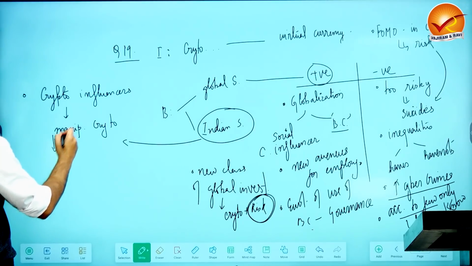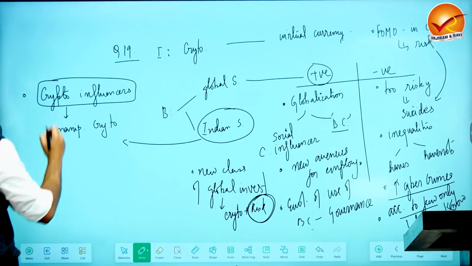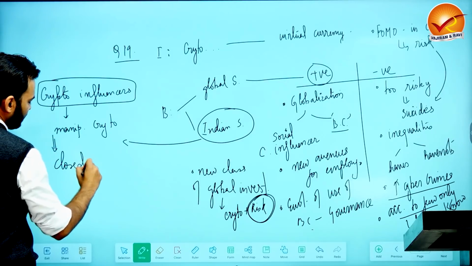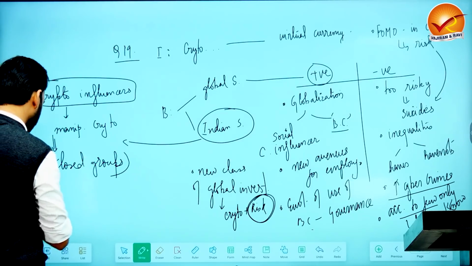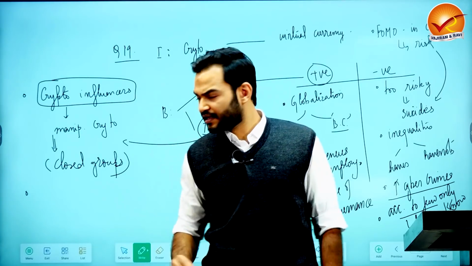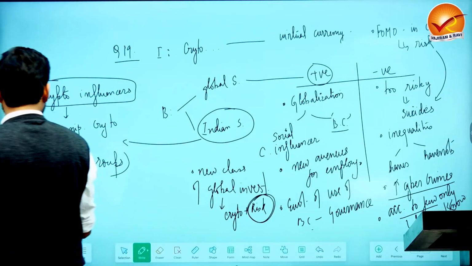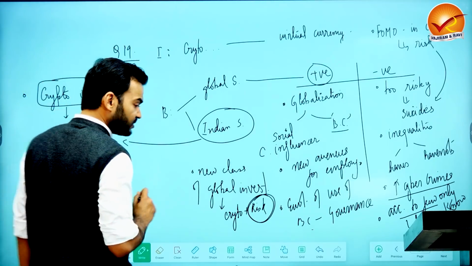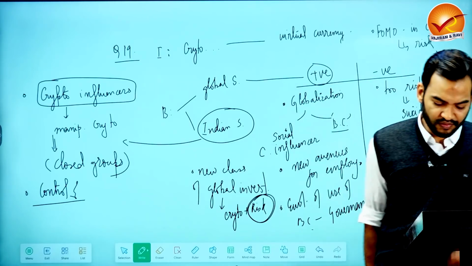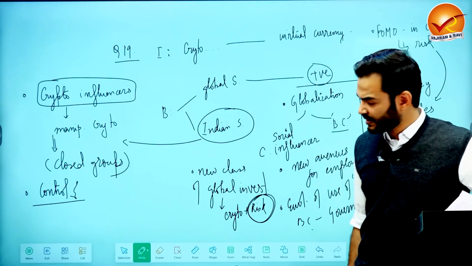These crypto influencers create in society what are known as closed groups. Then the government is not able to have control over cryptocurrency. Government doesn't know how to have control over cryptocurrencies.